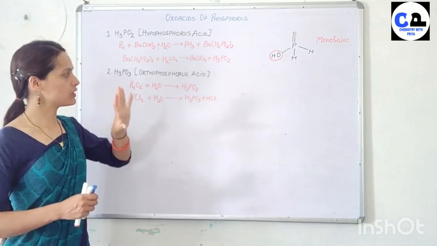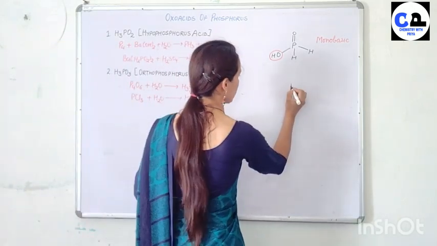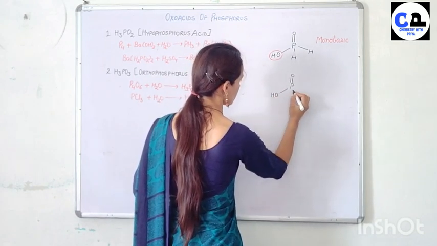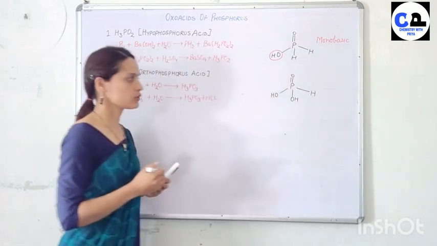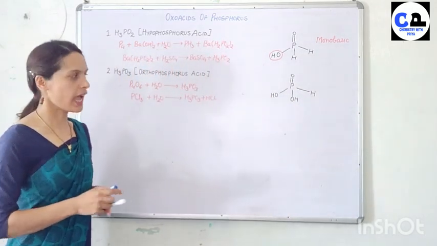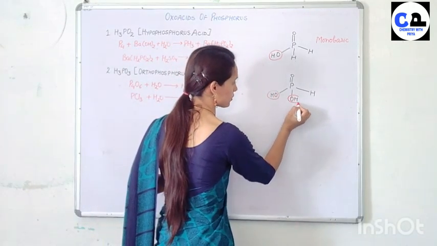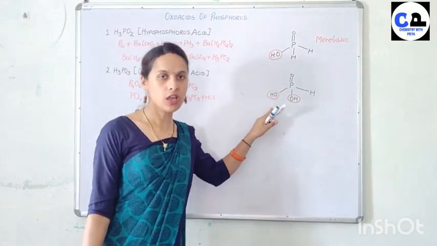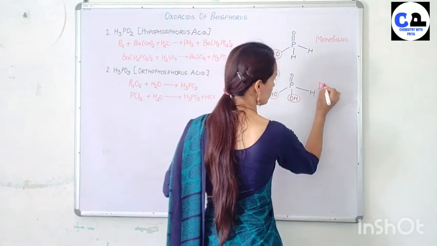Now the structure of orthophosphorus acid becomes P double bond O, single bond OH, single bond OH and single bond H. So it is H3PO3, and due to the presence of 2 replaceable hydrogen which are attached with the oxygen, it is an oxoacid and its basicity is 2.